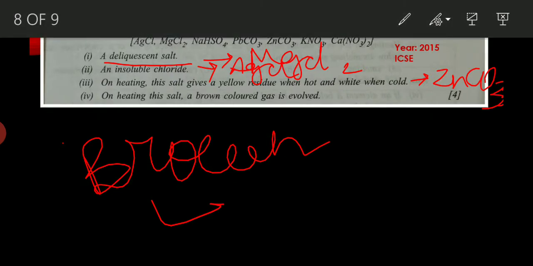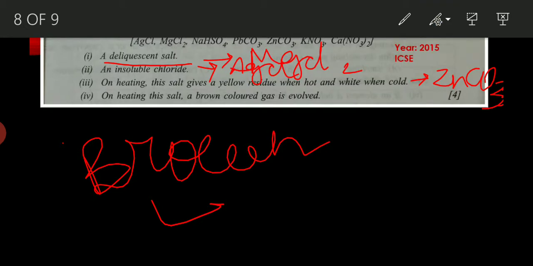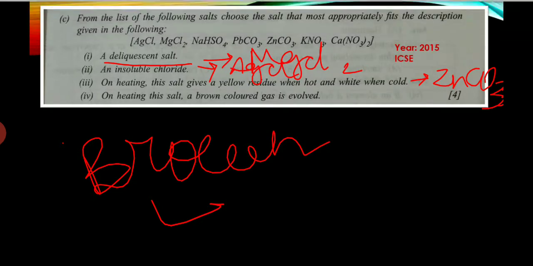So the answer of the last question is calcium nitrate, Ca(NO3)2, because when it is heated, nitrogen dioxide gas will be released. Clear? Okay.